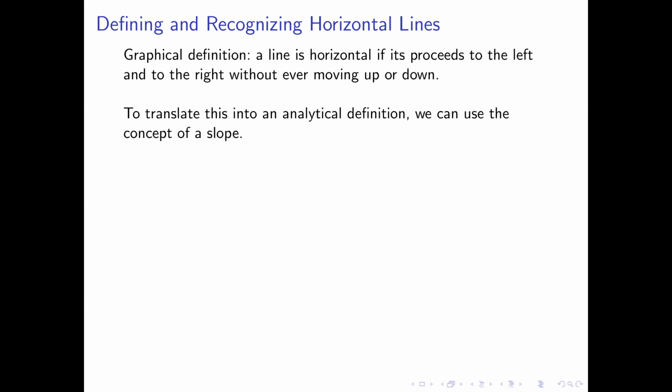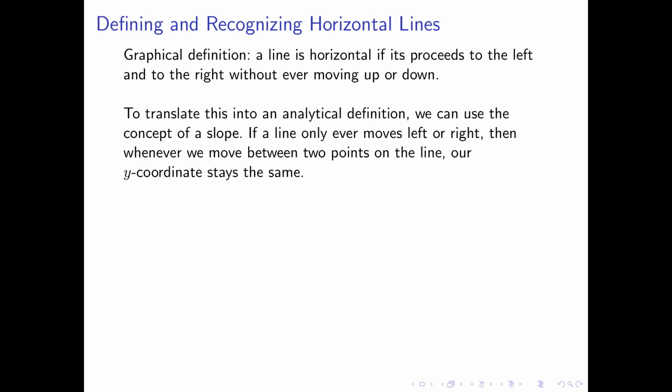So let's take this graphical definition and translate it into an analytical definition. Our tool for doing this will be the concept of the slope of a line. The key thing to observe here is that if a line only moves left and right and never moves up or down, then no matter where we go on the line, if we move between two points on the line, the y coordinate stays the same.